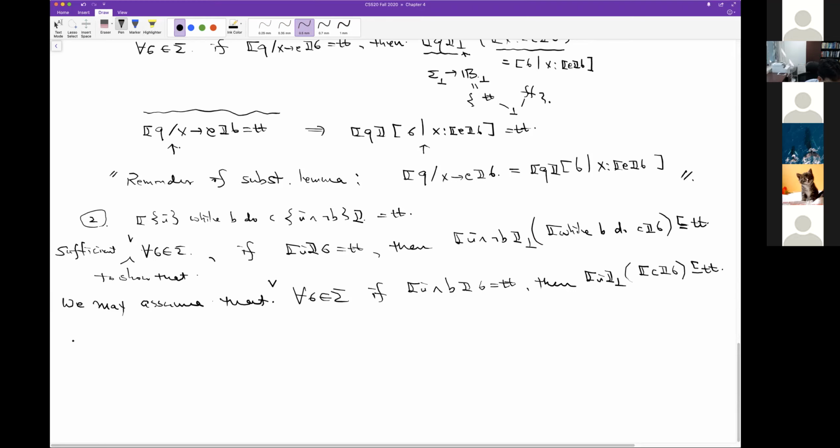So we pick sigma such that the invariant is true. Okay, let's not do this. So what we do, we first simplify, we unpack the definition of this while.